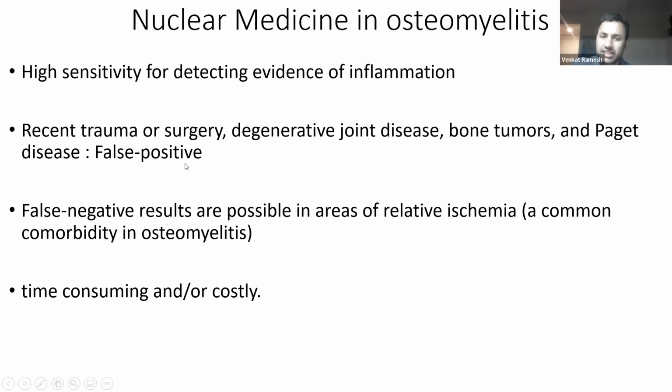False positives occur in cases of recent trauma or recent surgery, degenerative joint disease, bone tumors, Paget's. False negatives occur if there's bone ischemia or if it's relatively early. And it's also time consuming and costly. So these are perhaps the drawbacks of nuclear medicine imaging, but it has high sensitivity.